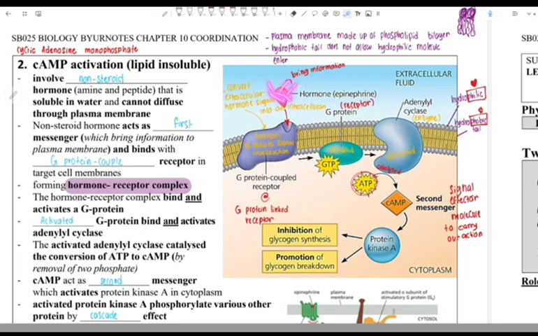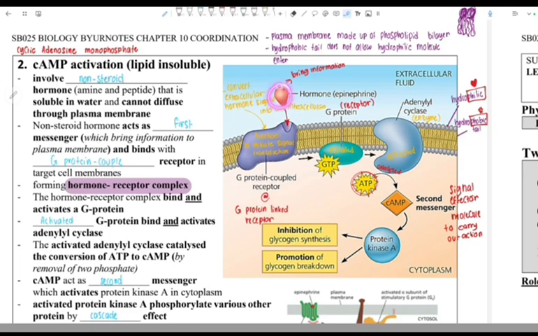Information ini lepas tu dia akan bind dekat sini. Dia macam contohlah ini adalah substrate dan ini adalah enzim kita. Dia akan bind pergi ke sini. Sini ni apa? Sini ni adalah G protein couple receptor ataupun G protein link receptor.